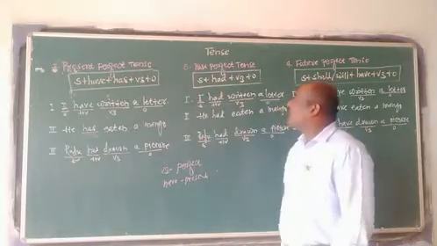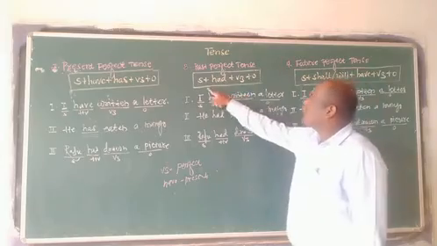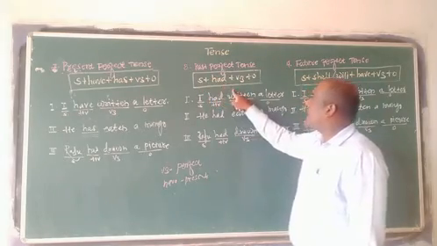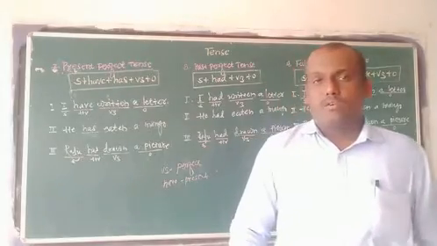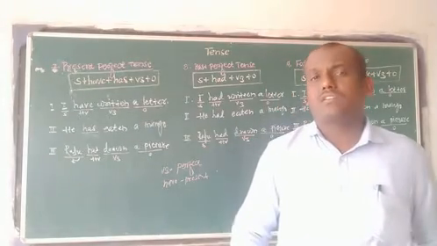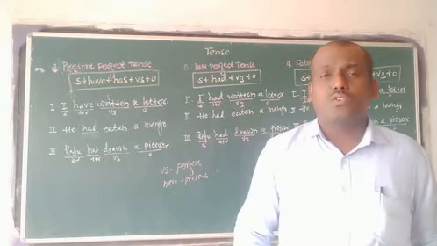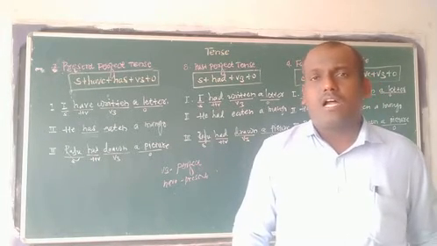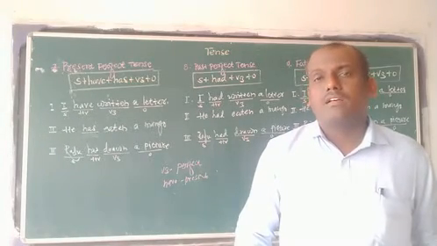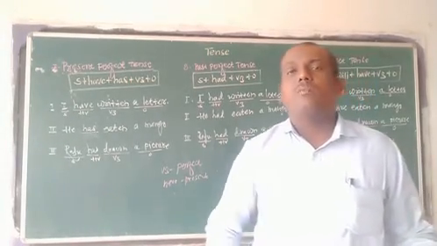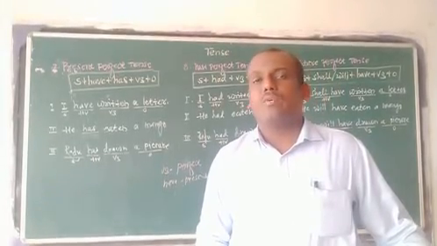Then tense number 8, past perfect tense. What is past perfect tense? Subject plus had plus V3 plus O. I would like to tell you, it's the easiest tense because there is no change at all. I had, we had, you had, he had, she had, it had, they had. If you think about other tenses, there is change in helping verbs.